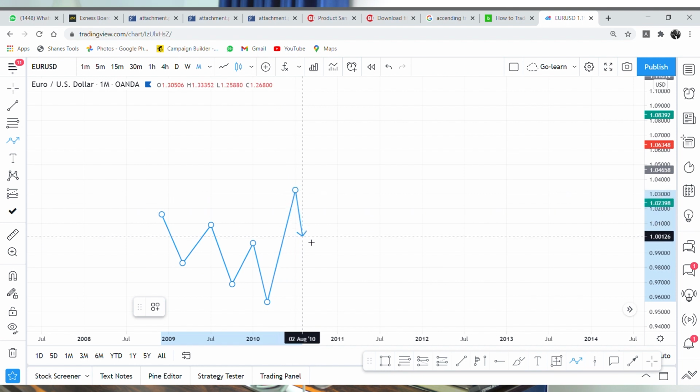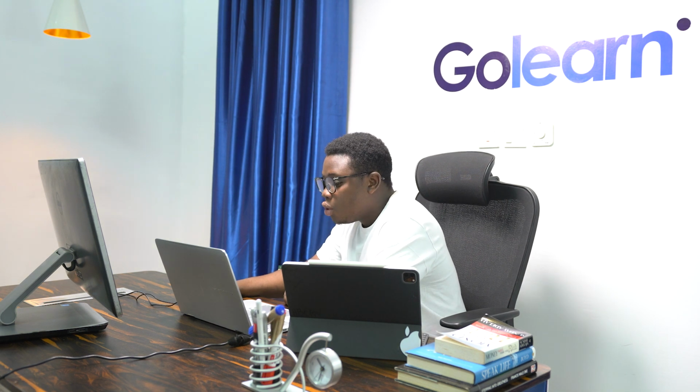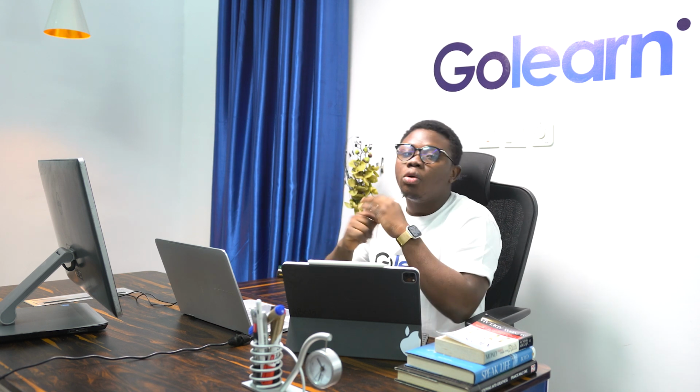This is the concept of a bullish breaker, to be precise, whereby it makes a low, a lower high, a lower low, then it breaks market structure with a very strong impulsive move.